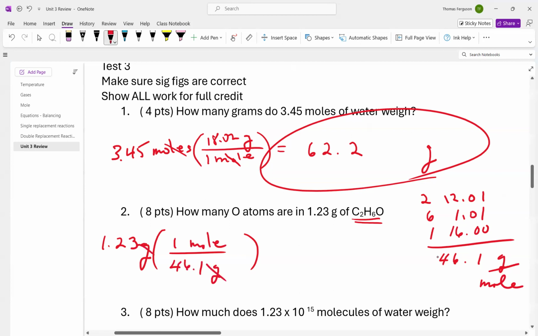Now we need to go to the number of molecules, Avogadro's number.